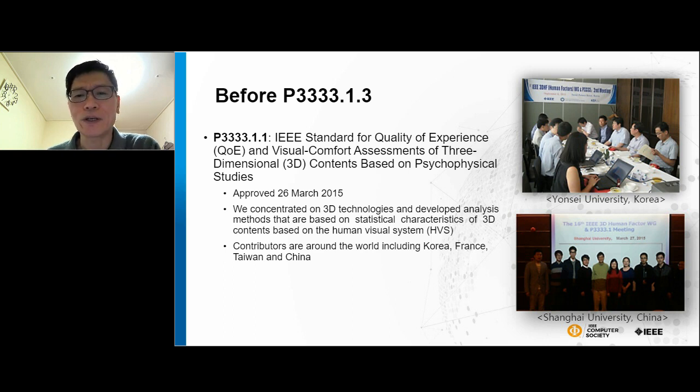So we took 4 years to finalize the first standard. Mainly, in the first stage of this standard, companies joined, but eventually we switched to individual membership based. A lot of academic people, mainly from Korea, France, Taiwan, China, and England, the UK, collaborated with us and we finalized the standard.